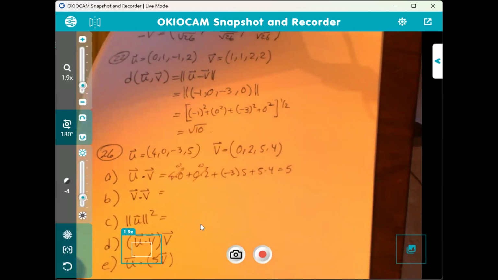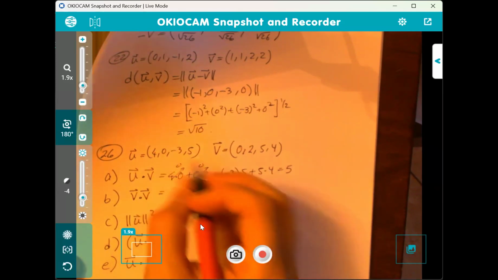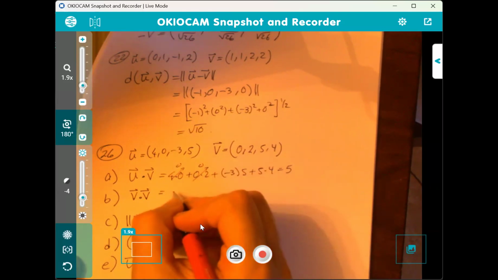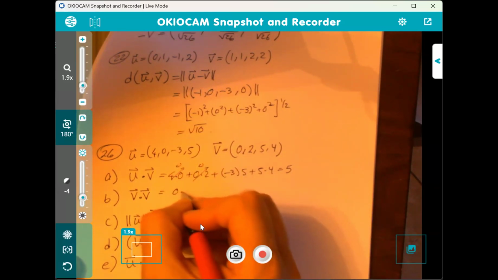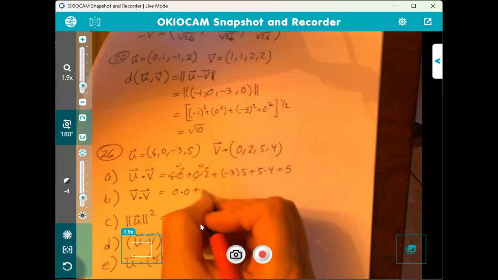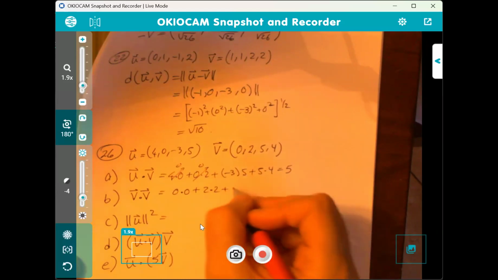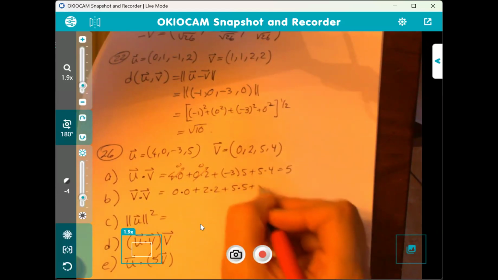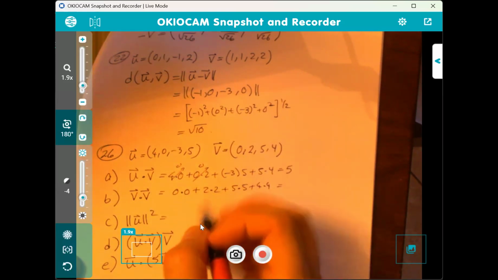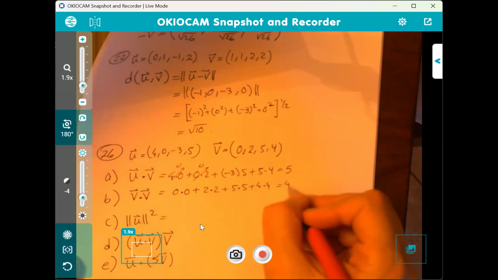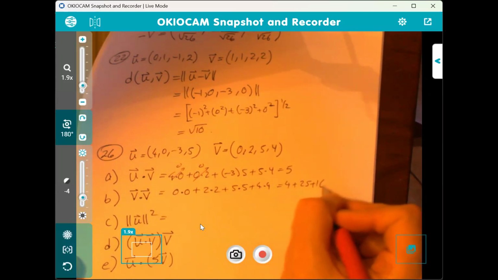Okay. And in part B, we have v dot v. Remember, v dot v means you're multiplying vector v dotted with itself. So it's going to be 0 times 0 plus 2 times 2 plus 5 times 5 plus 4 times 4. And that's going to make it 4 plus 25 plus 16.